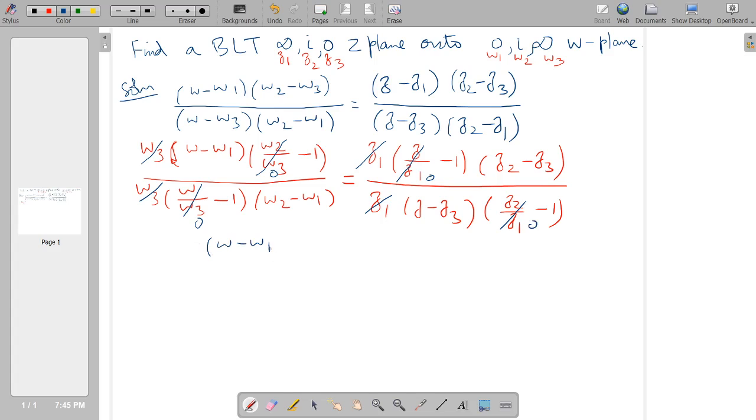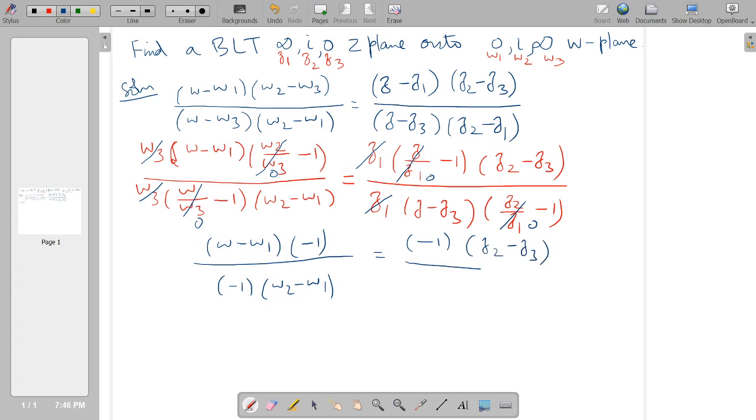W minus W1 into minus 1 divided by minus 1 into W2 minus W1, equals minus 1 into Z2 minus Z3 divided by Z minus Z3 into minus 1.